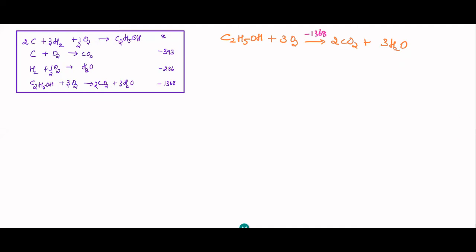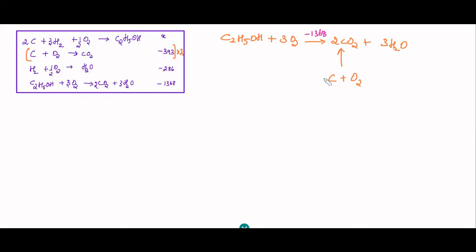The first species is carbon dioxide. In order to get carbon dioxide, I depend on carbon plus O2 giving carbon dioxide. I need 2 carbon dioxide, meaning I have to multiply this by 2.